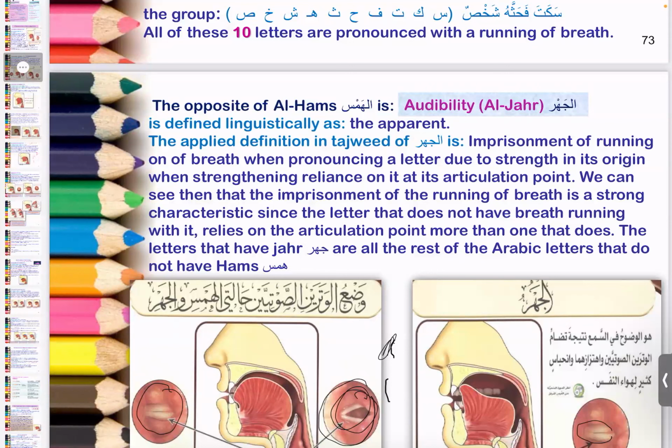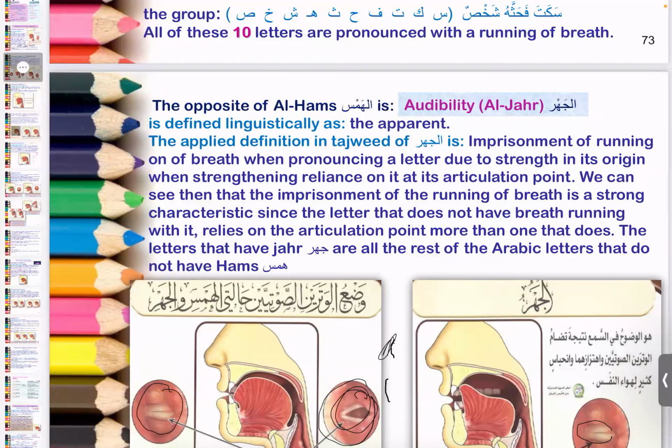That is because of its strong reliance on its makhraj. That gives the letter Jahar, it makes it more clear and more apparent.